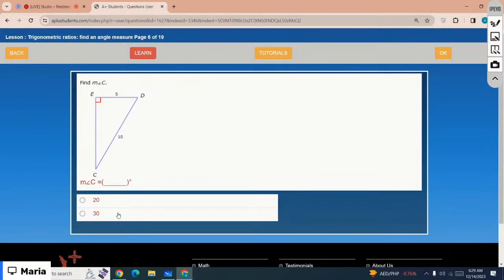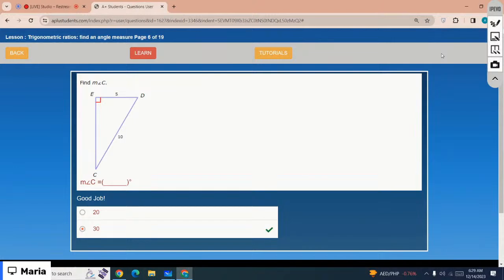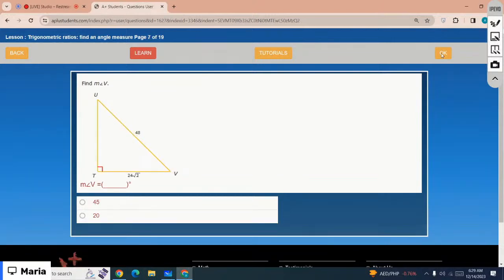The correct option is 30 degrees. Okay, the next one is measurement of angle V. So, which trigonometric ratio you can use?